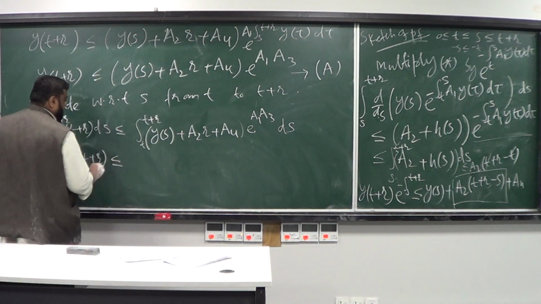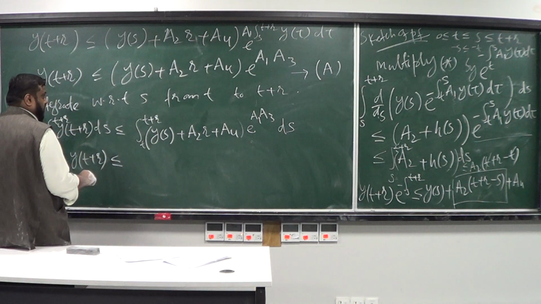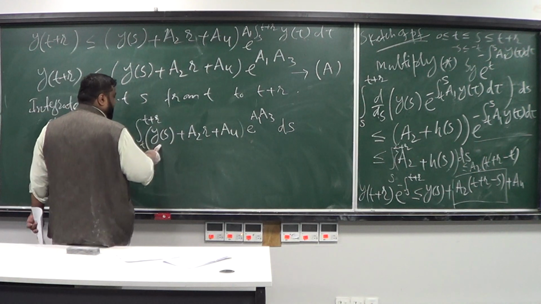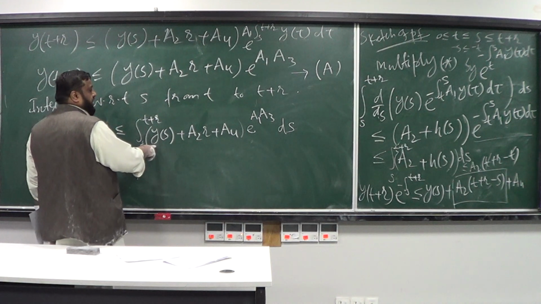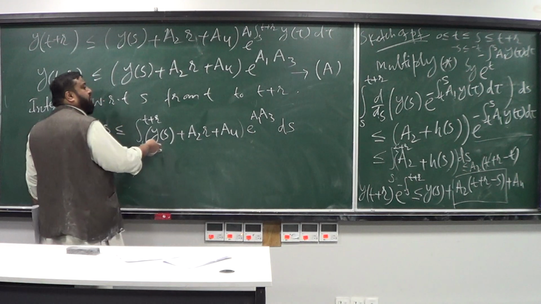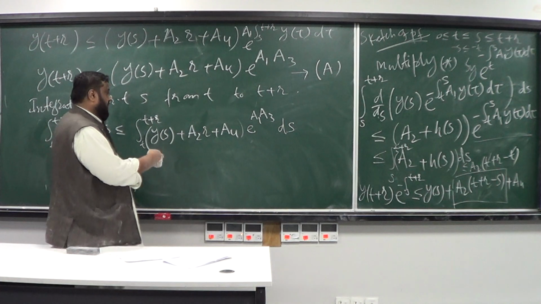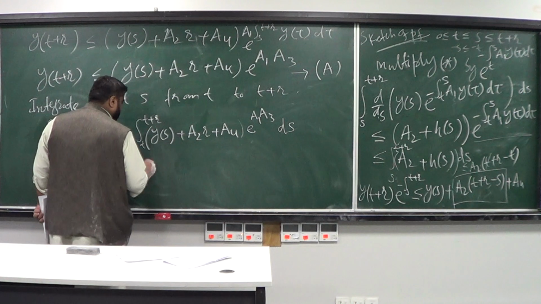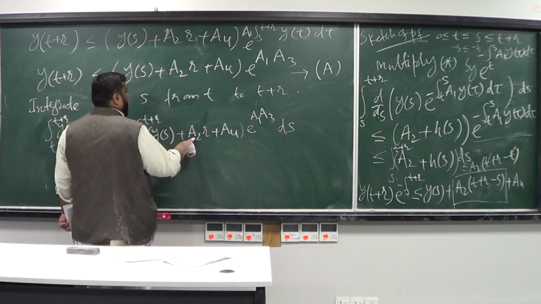This can be estimated by what? What would be the integral of this? By our assumption in double star, the integral of y of s from 0 to t can be estimated by a3. So I can estimate this by a3, plus what would be the integral of a2r?